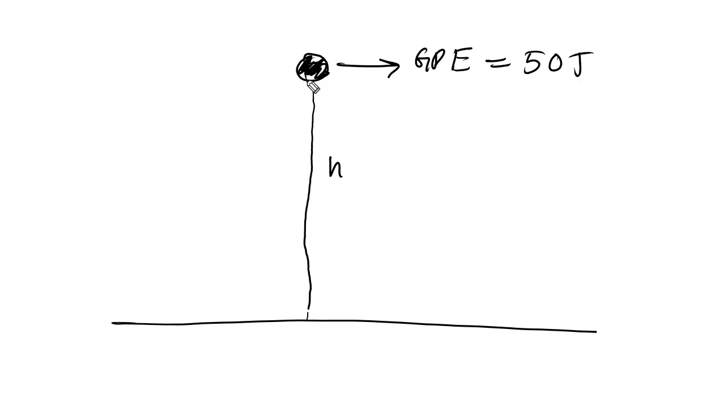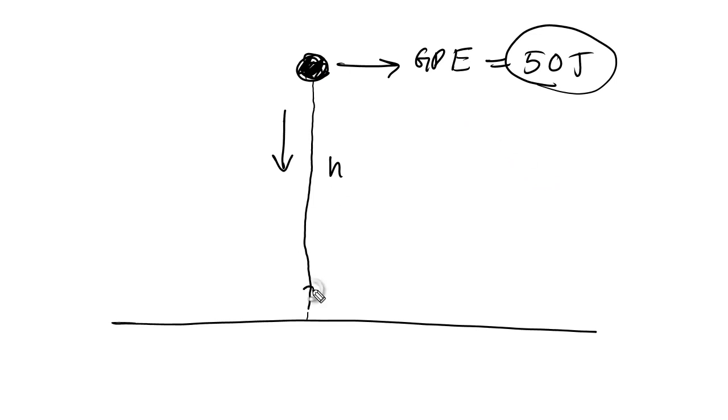Now when you release this ball from this position, the ball will move downwards. So the gravitational potential energy of this ball will be converted into the kinetic energy of the ball. Why? Because the ball has started its motion. The energy possessed by an object during its motion is the kinetic energy. So when you release this ball, the whole 50 joule should be converted into kinetic energy.